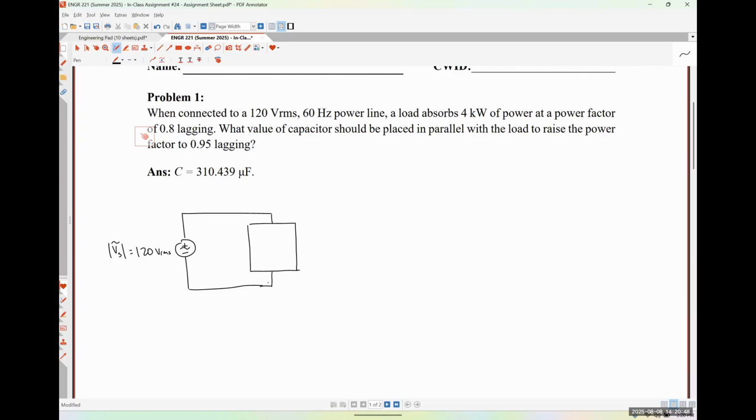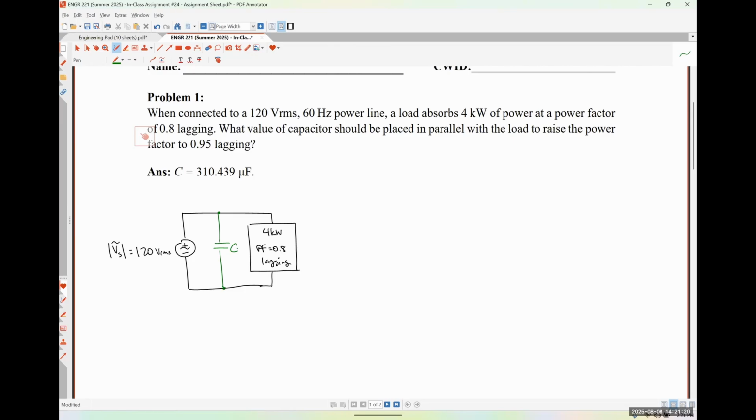All right, so 4 kilowatts is the power absorbed, and we're also told that our power factor is 0.8 lagging. Essentially what we're going to do is connect a capacitor C in parallel with our voltage source to improve the power factor at which our system is operating.